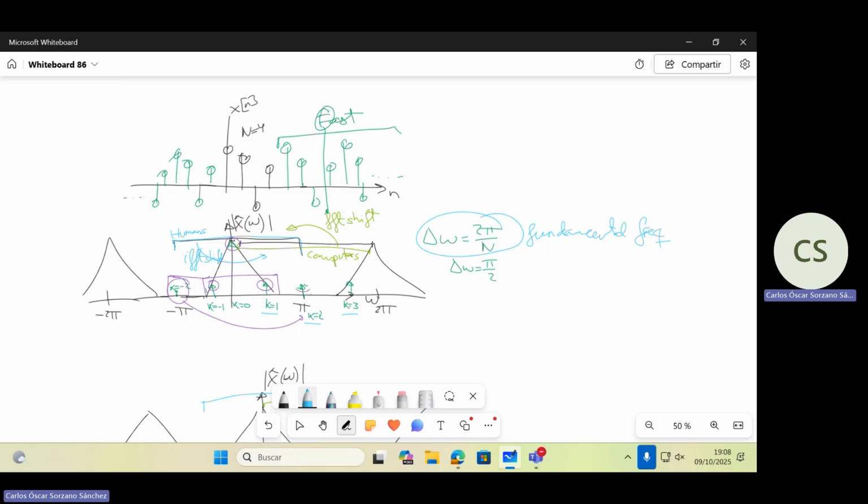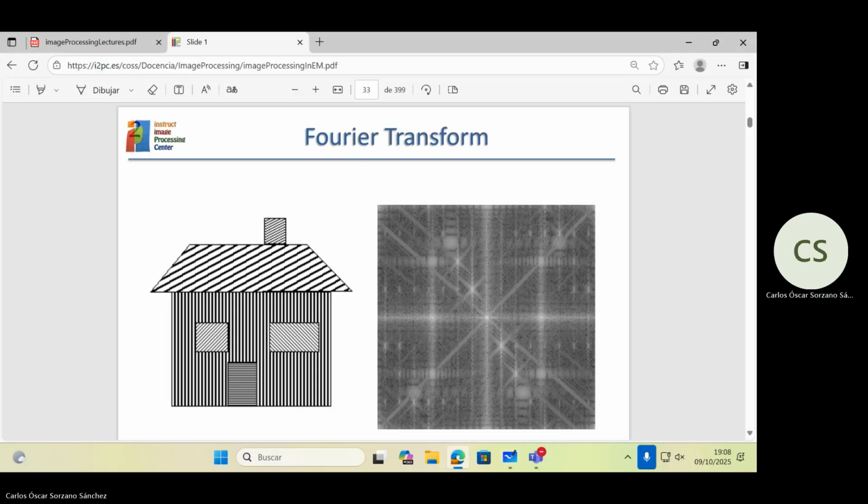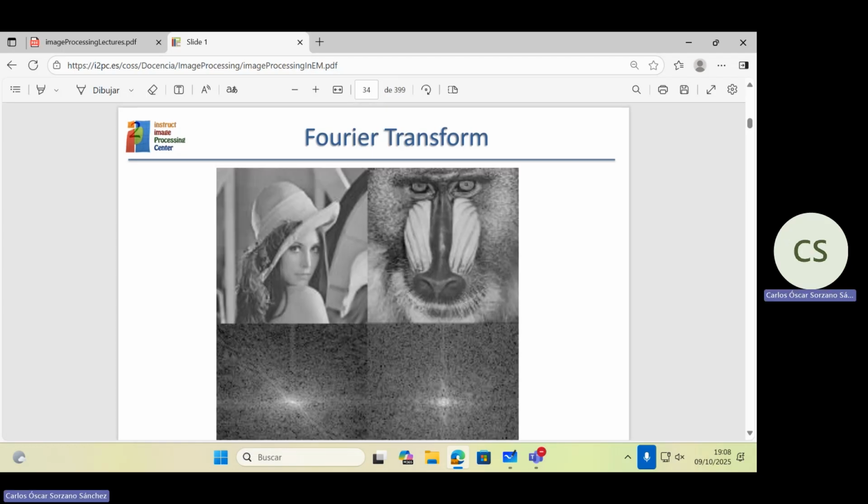So you have the fundamental period, that is this one, and harmonics. And this is for these kinds of houses. For an image, it is exactly the same, only that we don't see the waves here, right? But it is exactly the same meaning.